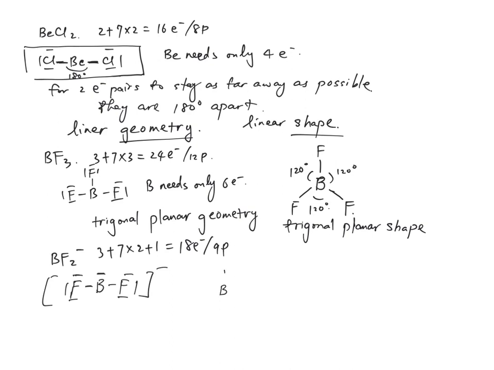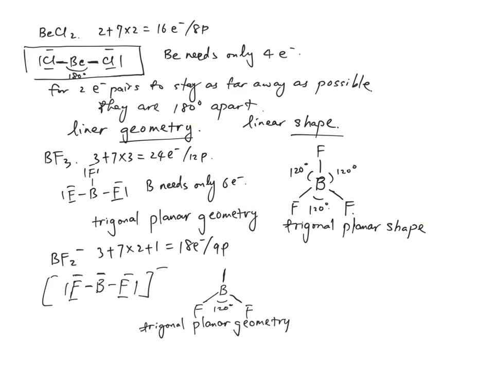And of course, you would think that shouldn't they still stay 120 degrees apart from each other, because we only care about electrons, right? Yes, that means your BF2 negative polyatomic ion would have the same kind of layout as BF3. That same kind of layout, we're going to call trigonal planar geometry.